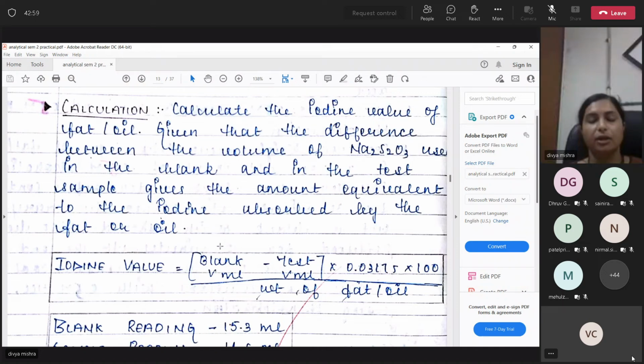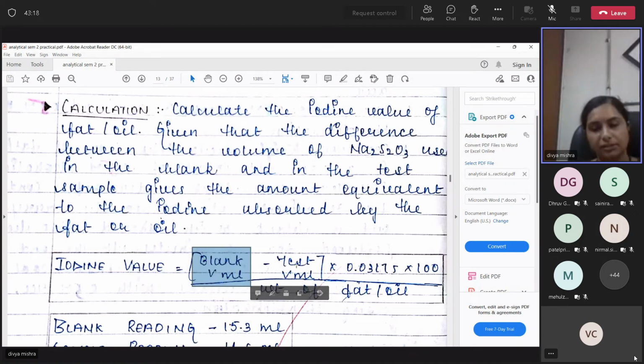For the blank, maximum iodine will be liberated because there is no unsaturation. The halogen will not be used up for the halogenation reaction, so this value will be higher.